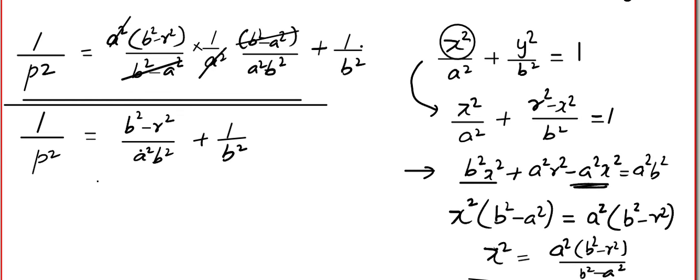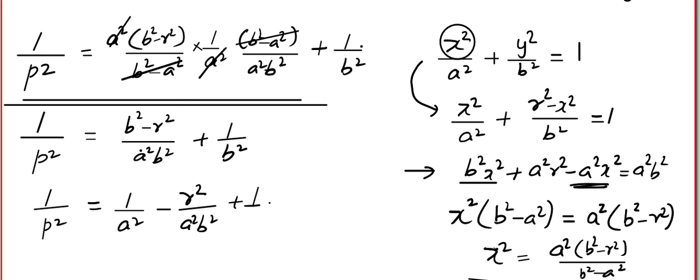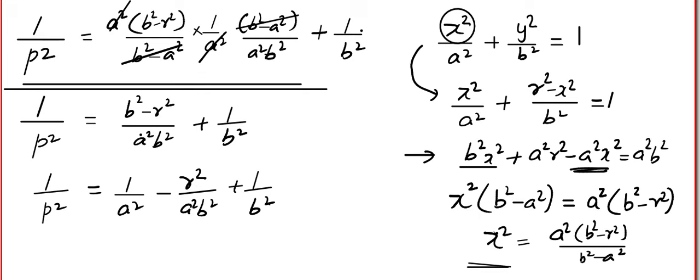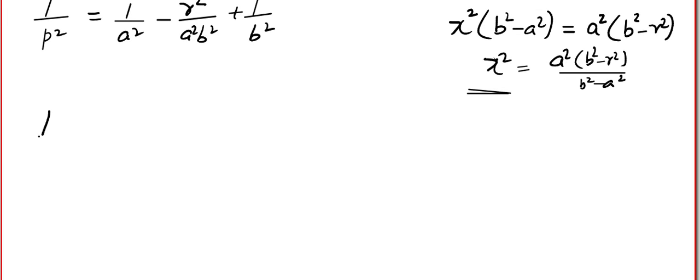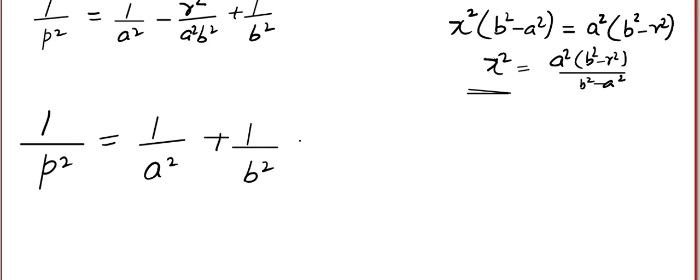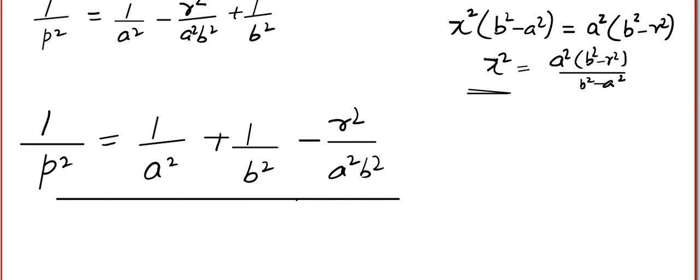Now let's divide and check if we get something good. 1 by p square equal to b square, okay, so we get 1 by a square minus r square by a square b square plus 1 by b square. So that's it. Our ellipse in pedal form is 1 by p square equal to 1 by a square plus 1 by b square minus r square by a square b square.